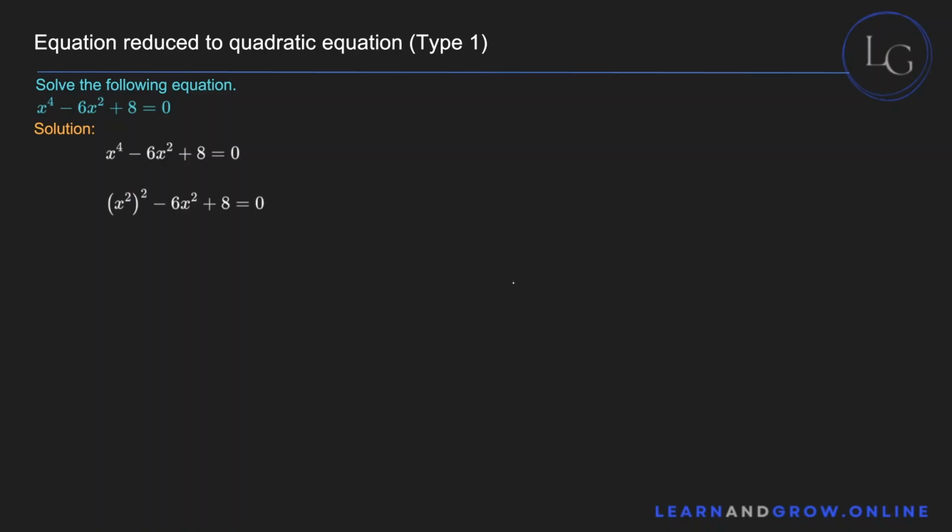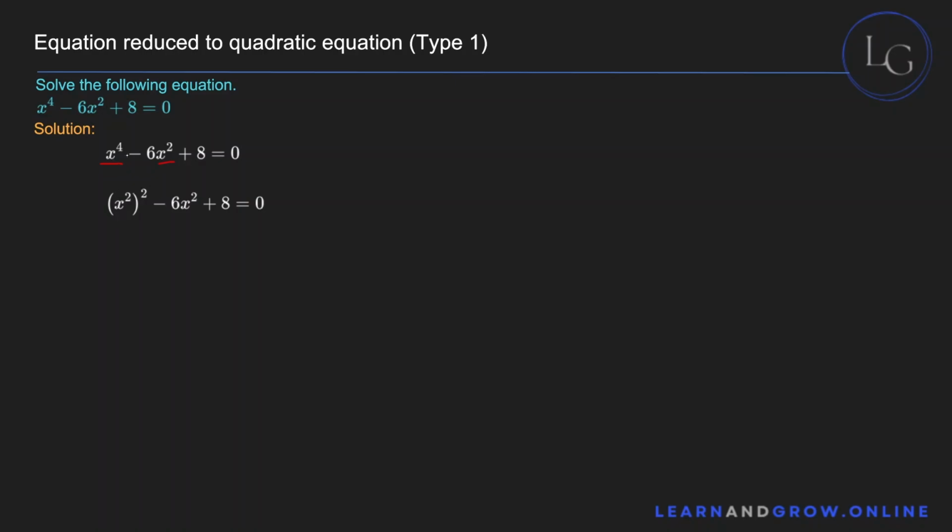What you'll do is, you must convert the first term, the highest order term, into a quadratic form.